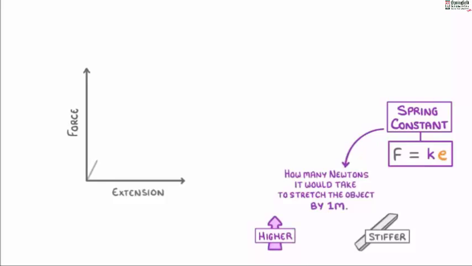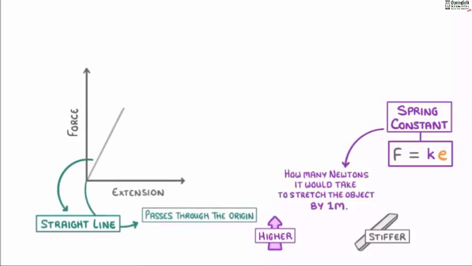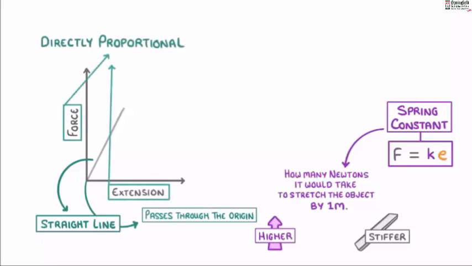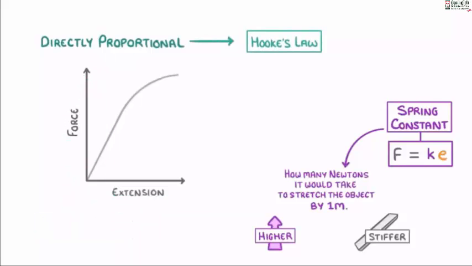As the force increases, so does the extension. And because it's a straight line that passes through the origin, we can tell that force and extension are directly proportional. We call this relationship Hooke's law, and we call this point the elastic limit, and the object won't necessarily go back to its original shape.